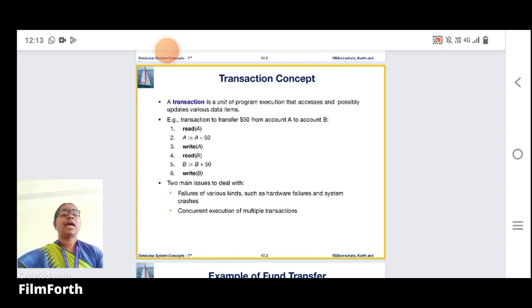This should not happen and should be avoided. For that, many rules and properties are introduced, the properties that the database must maintain during the transaction.